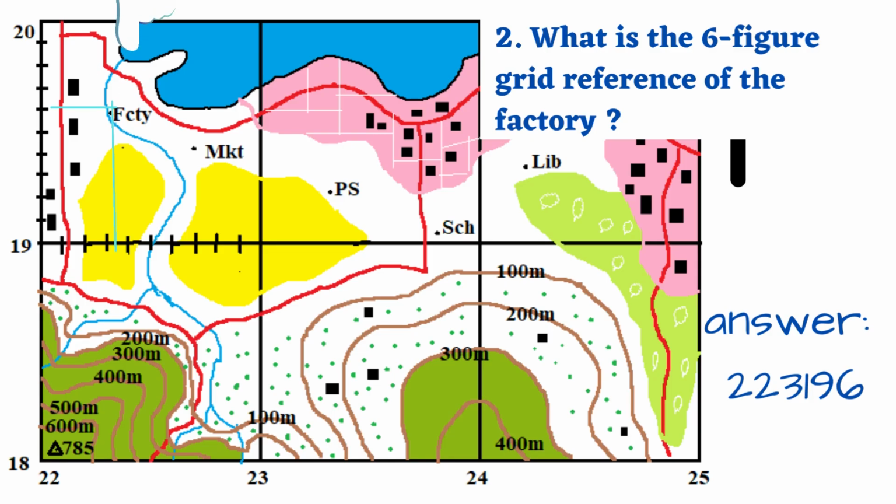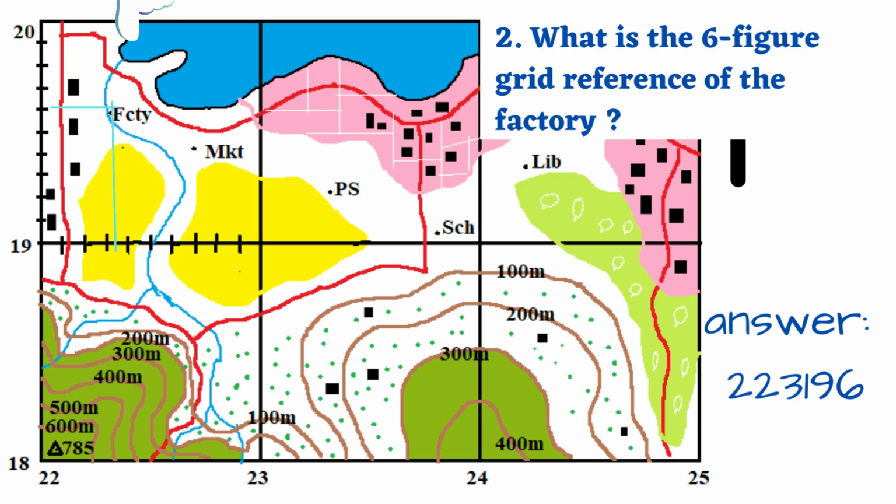Now, I have another video that can give you a little bit more details on how to find six-figure grid reference. So I will place that in the description box.